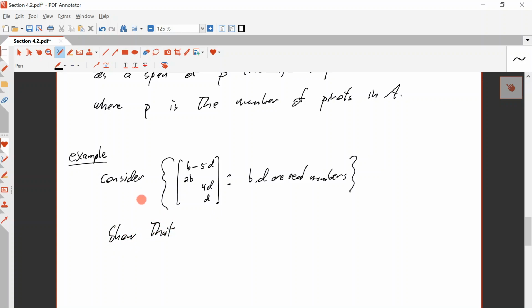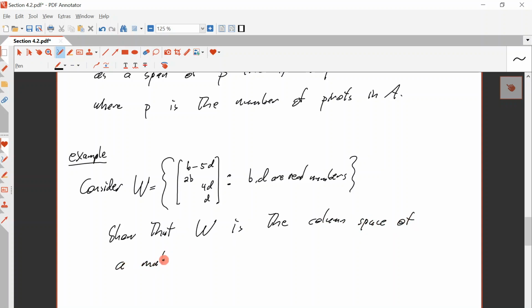Call this set W. Show that W is the column space of a matrix, and therefore is a subspace of a vector space. Which vector space? We have 4 entries in the column, so it's R4.